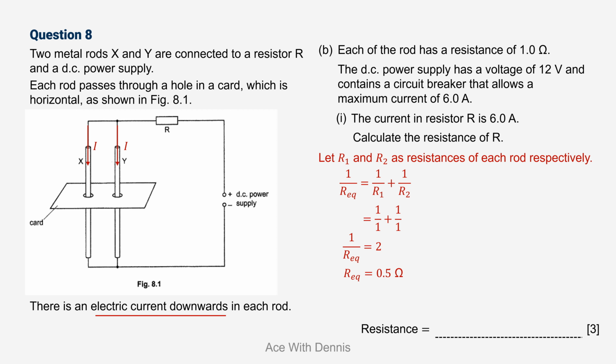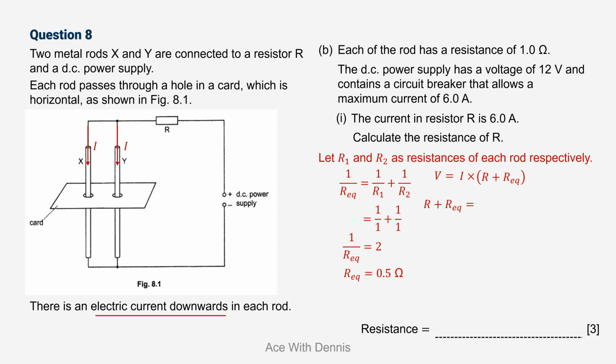Next, we use Ohm's law, V equals IR, to calculate the resistance R. So R is connected in series with R equivalent. Then the equation becomes V equals I multiplied by R plus R equivalent. Then we make R plus R equivalent the subject.